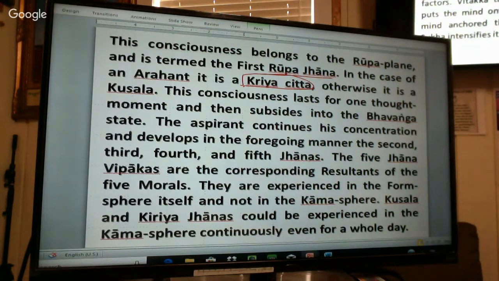It depends on your determination, because they don't need food. They don't depend on nutrition. That's why, for the form sphere, that jhana is many.